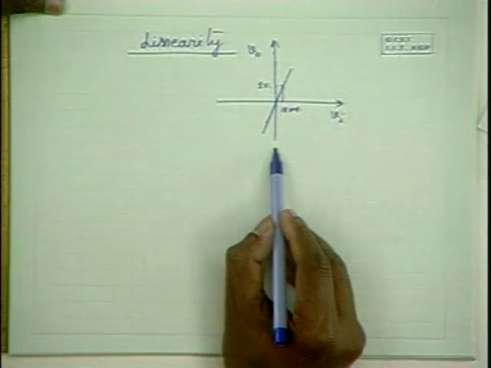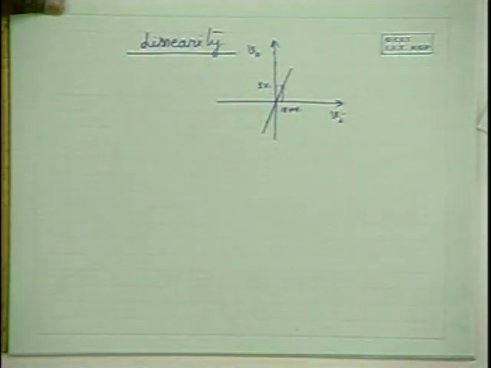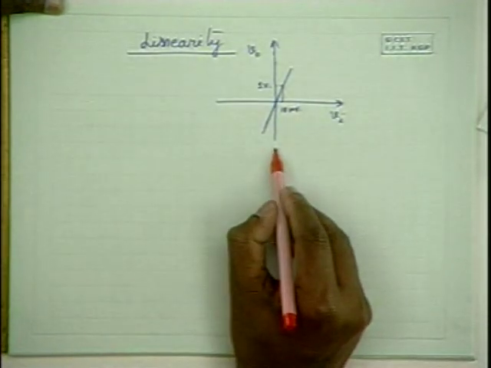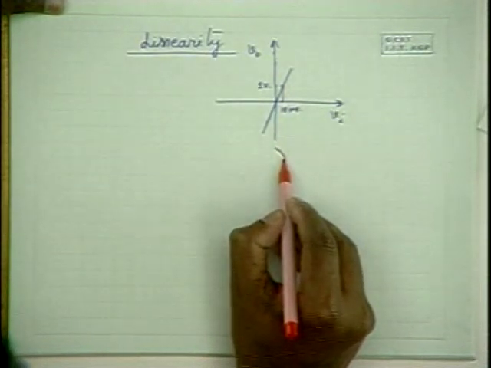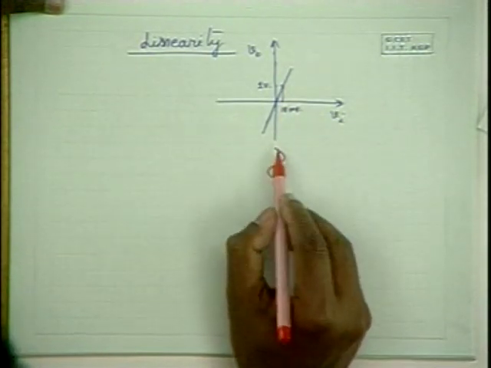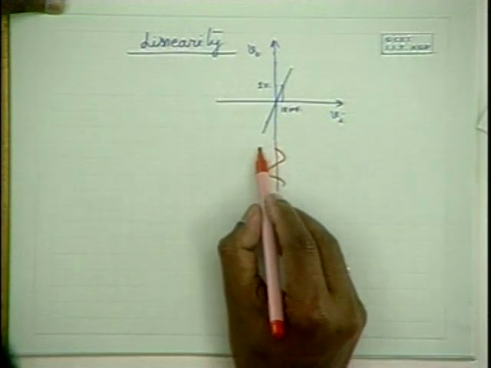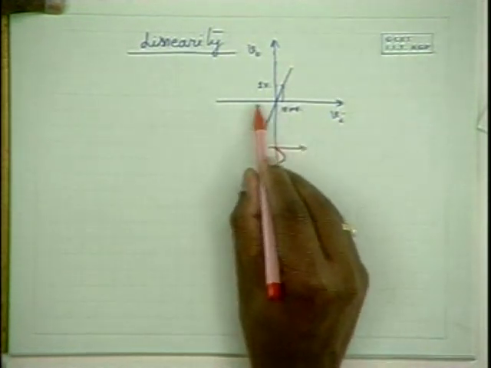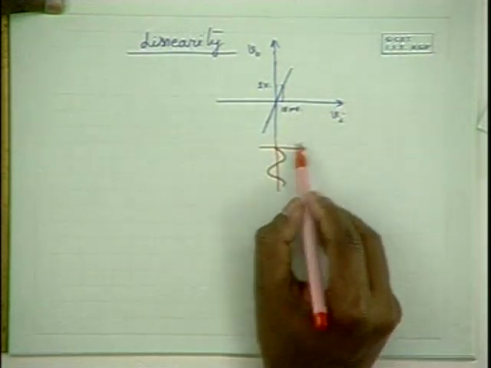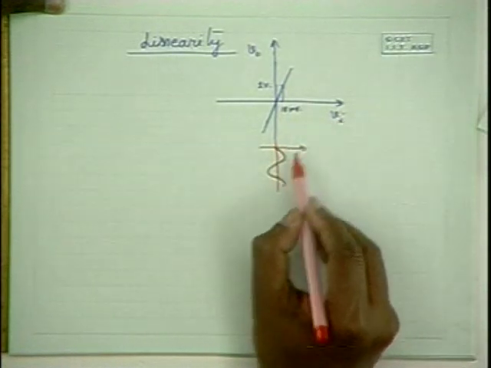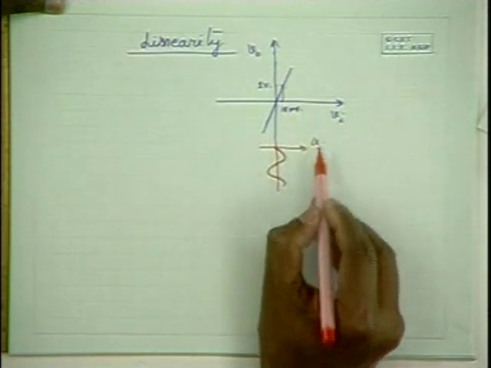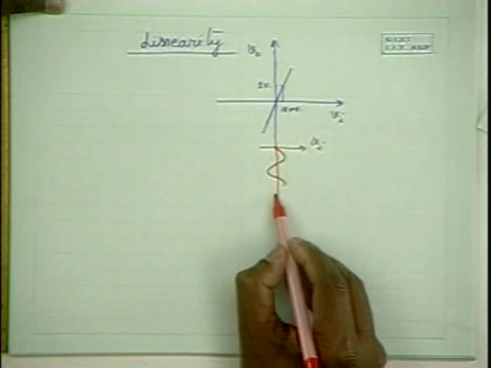If you apply a sinusoidal signal to such a device, so what is this axis? This axis is VI, the input voltage axis. And I am introducing the time axis here.